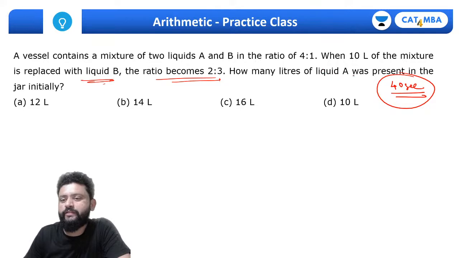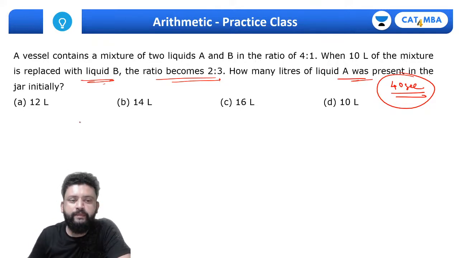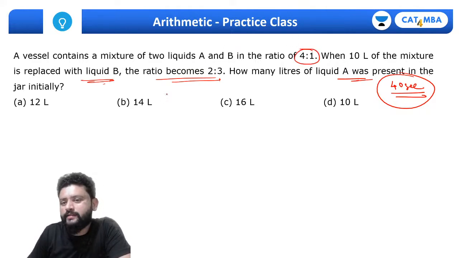How many liters of liquid A was present in the mixture in the jar initially? Okay, so initially the ratio was 4:1. That means this is the ratio of A is to B, and we have replaced 10 liters with pure B.